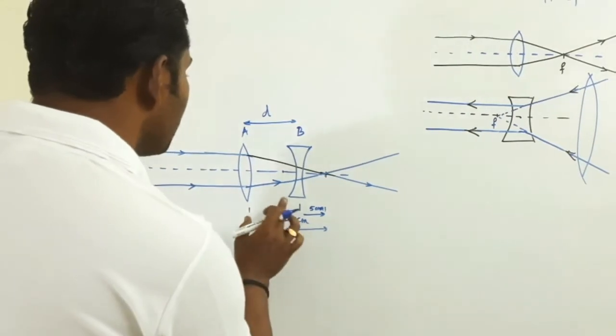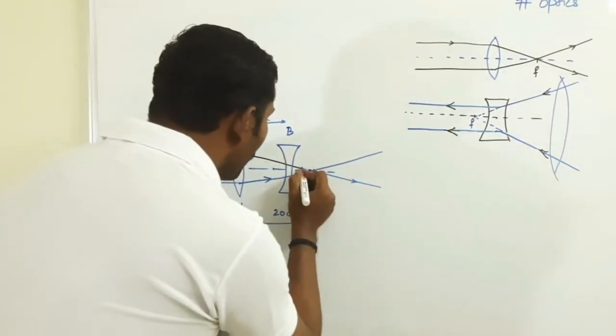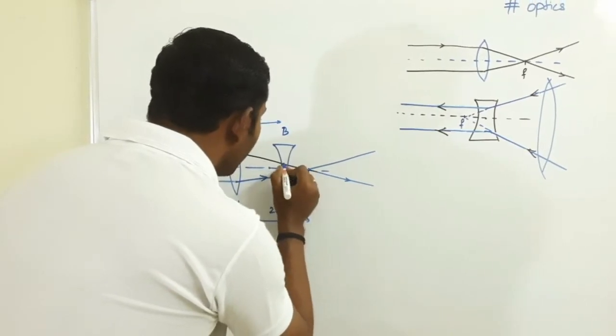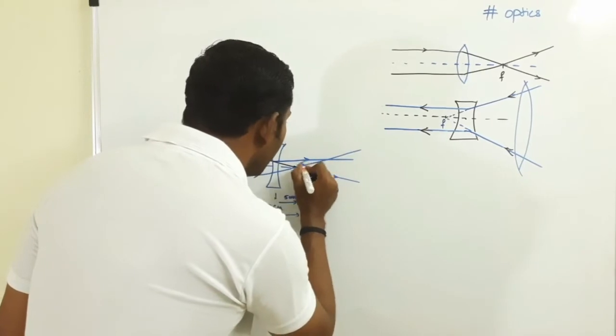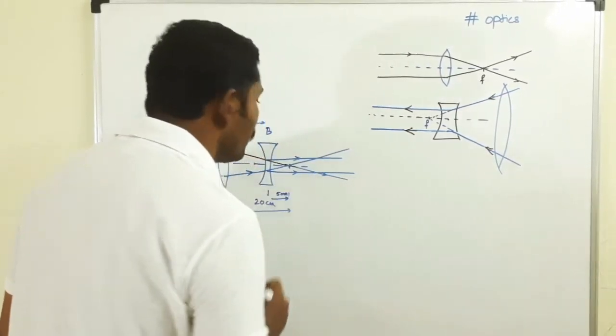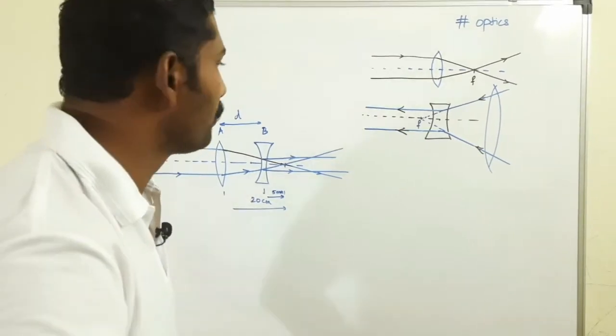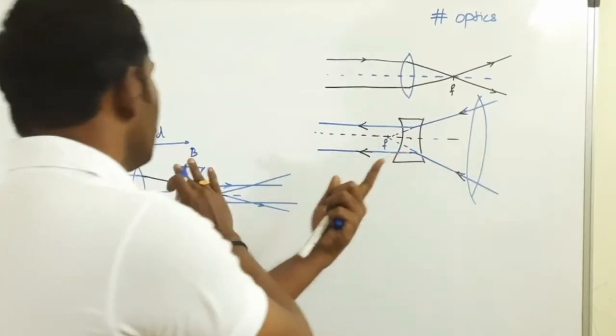So what is the distance between A and B? If the light is falling like this to this point, definitely the light will go parallel like this. I hope you understood. This is a convex lens, this is the opposite.